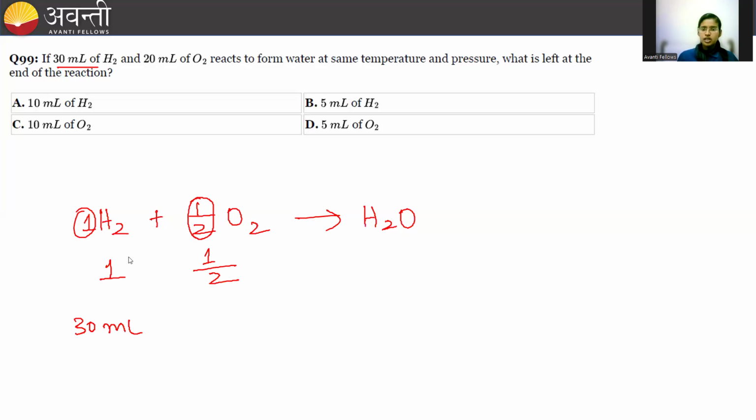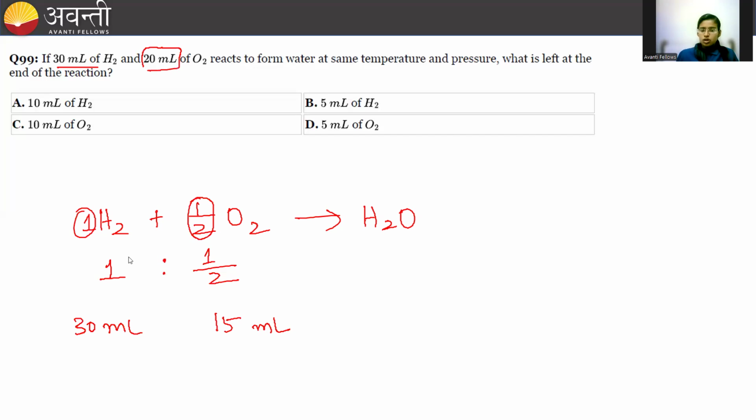So it is 1:1/2 ratio, right? So 1/2 of this will be 15. So 30 ml of hydrogen would have reacted with 15 ml of oxygen because it is in accordance with the ratio. Clear? But we have 20 ml of oxygen in the reaction mixture.